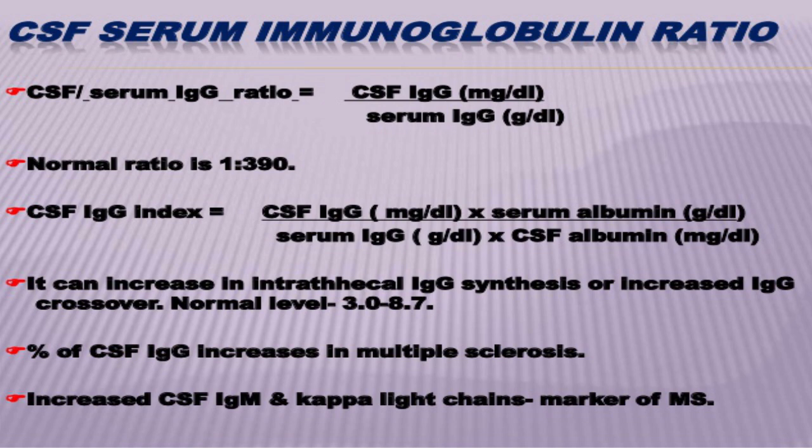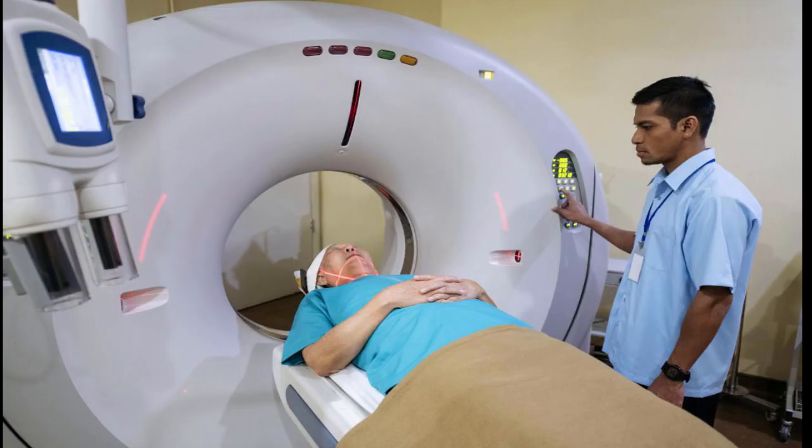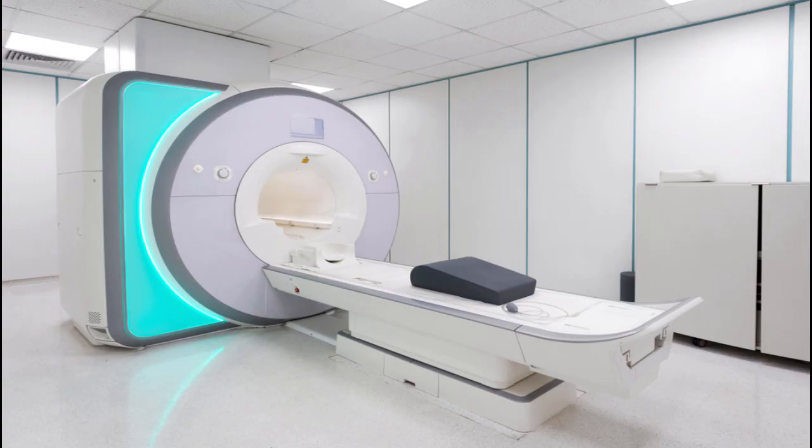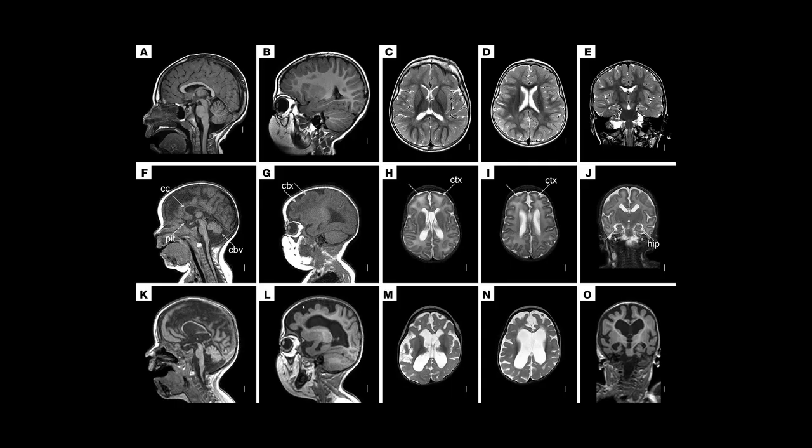In CSF analysis, the presence of increased immunoglobulin G, that is IgG, antibodies, proteins, and WBCs suggests multiple sclerosis. The next is CT, computed tomography, or MRI, magnetic resonance imaging scan of the brain and spinal cord. Through this investigation, we can find out if there is any atrophy present.